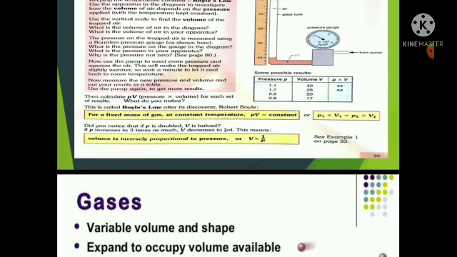Example 1 is a deep sea diver. A deep sea diver is working at a depth where the pressure is 3.0 atmospheres. He is breathing out air bubbles. The volume of each bubble is 2 cubic centimeters.